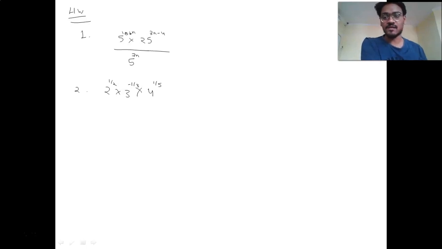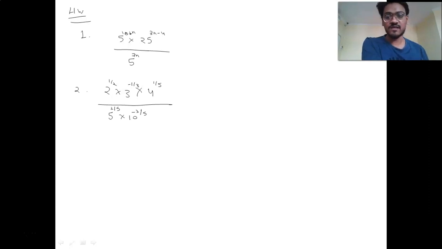Here in the denominator it's 5 raised to the power 2/5, and into 10 raised to the power minus 3/5.